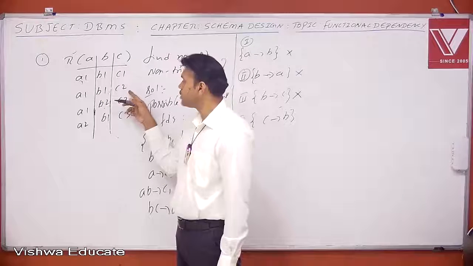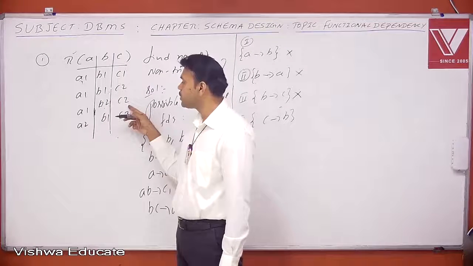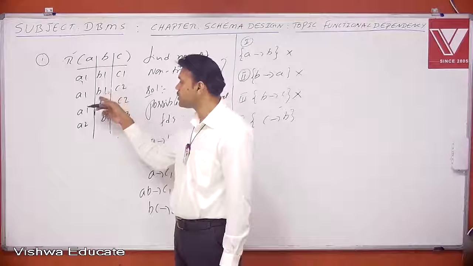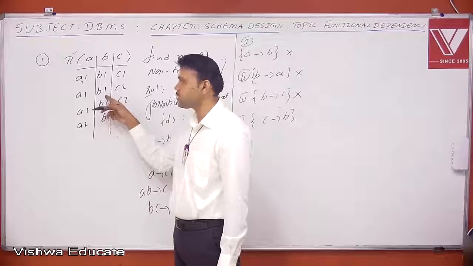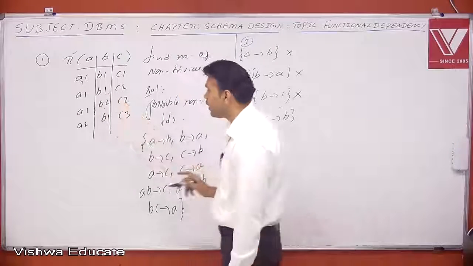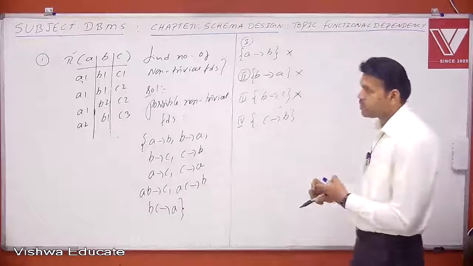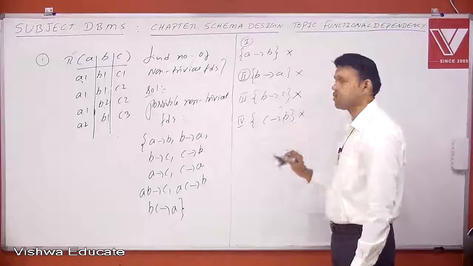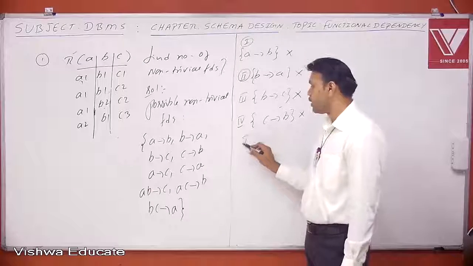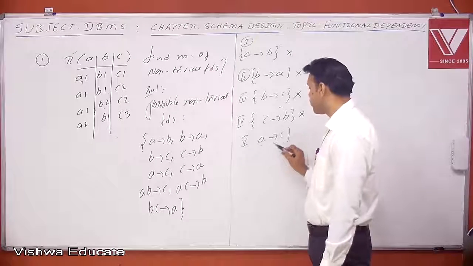C1 fine, C2 is unique fine, C2 is redundant. Whenever C2 is redundant, the B value has to be redundant, but the B value given is B2, but actually it was B1. Whenever alpha is repeated and beta is not repeated, this is also a failure case.